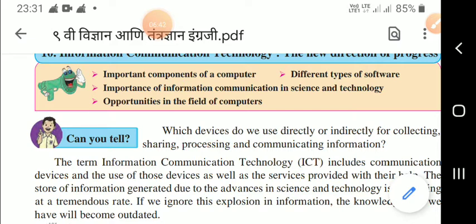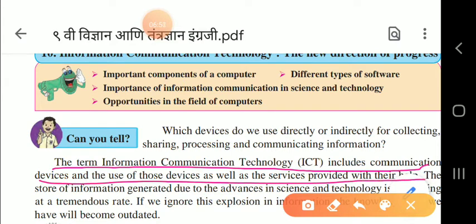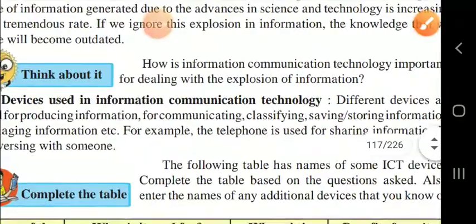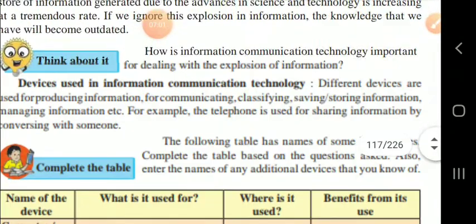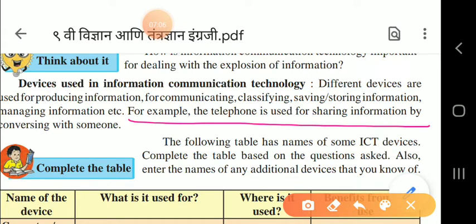So already you all know this, and here, children, you have to underline this so that you can learn. Here we can see what the devices are. For example, the telephone is used for conversation.